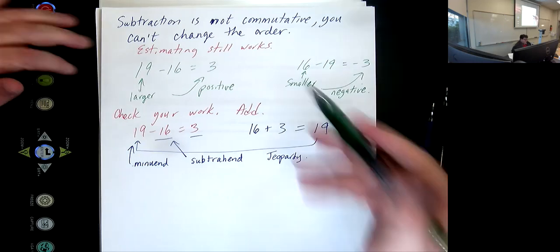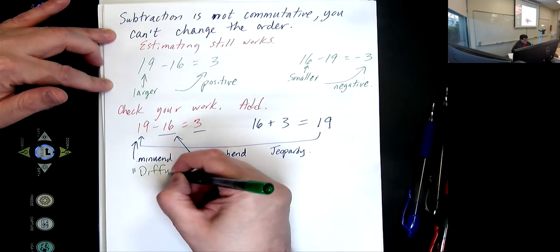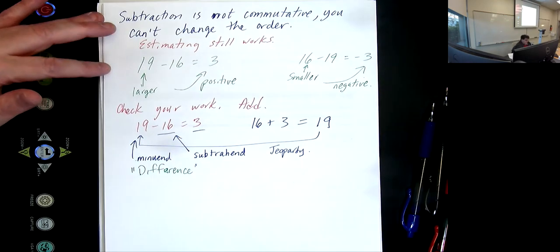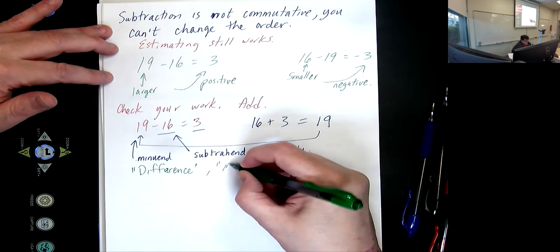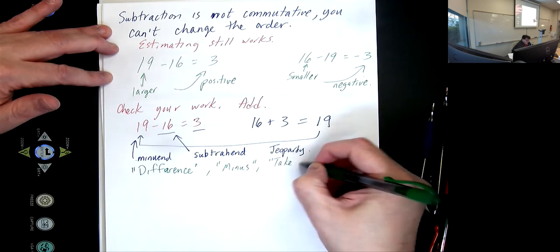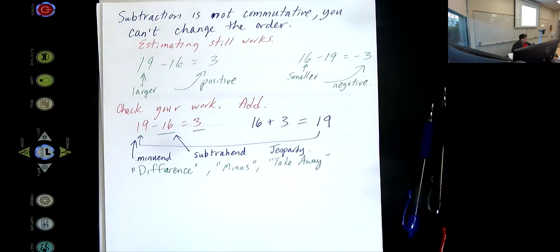Words you'll see with subtraction: difference. The difference is the outcome from subtraction. You'll see minus, take away. In fact, the book has a great list. I'll direct you to the list.